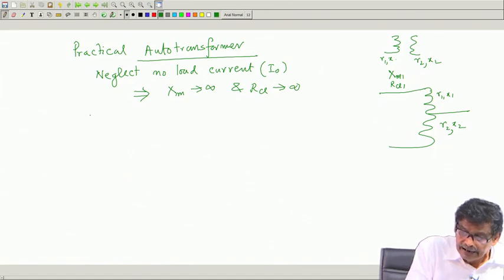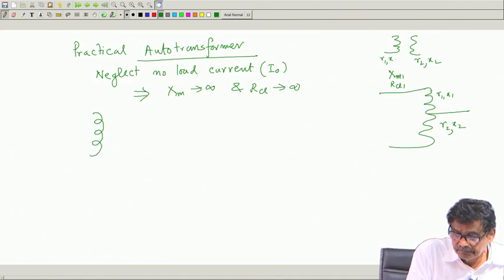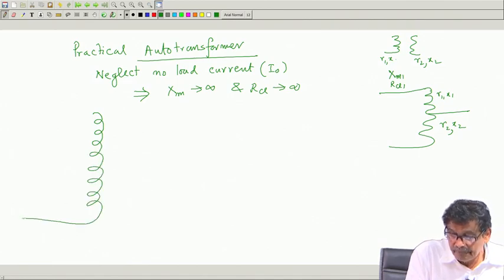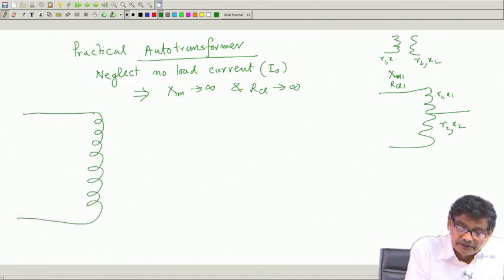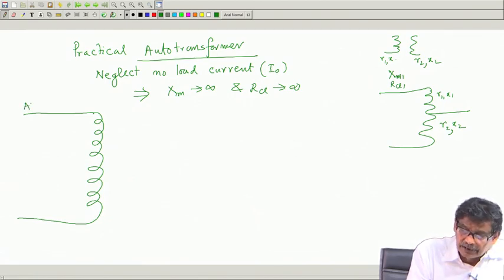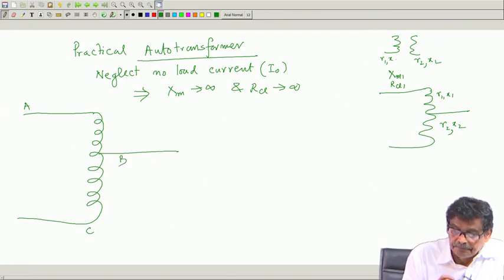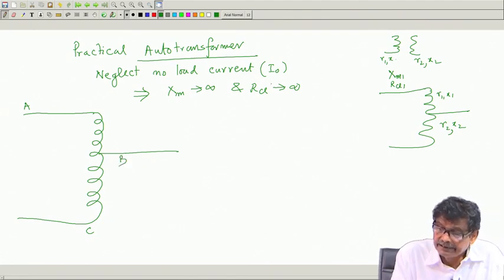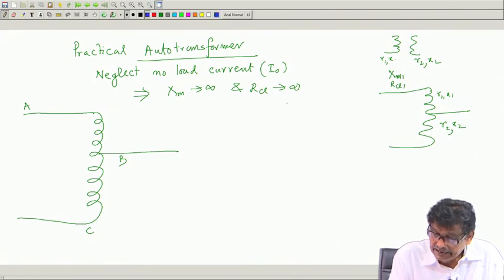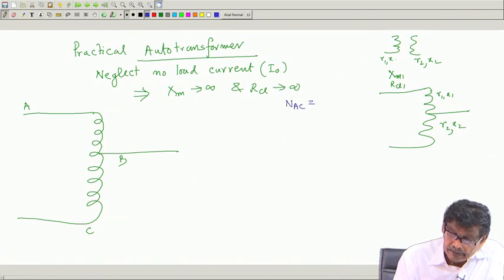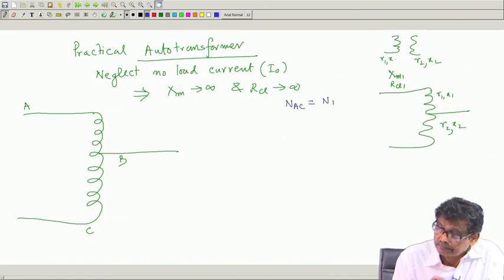Now, I will first draw as usual, this is my transformer, and I use this nomenclature A C and this is B C, and I will say that N A C is equal to N 1 and N B C is equal to N 2.